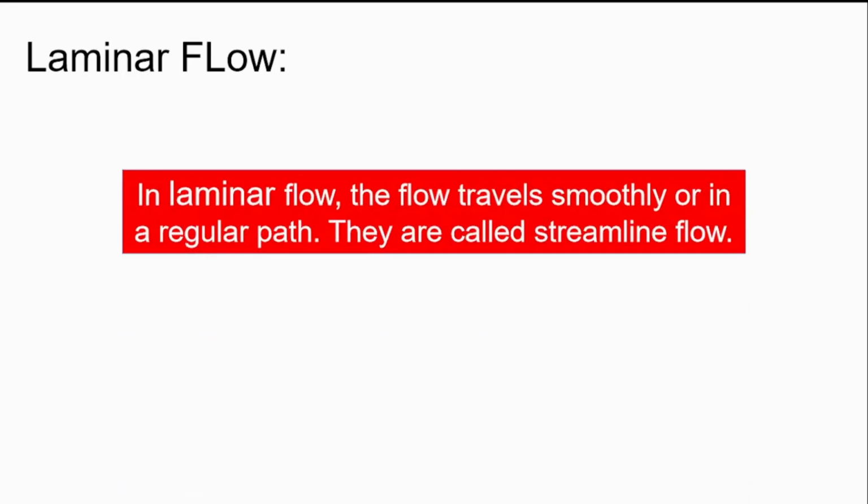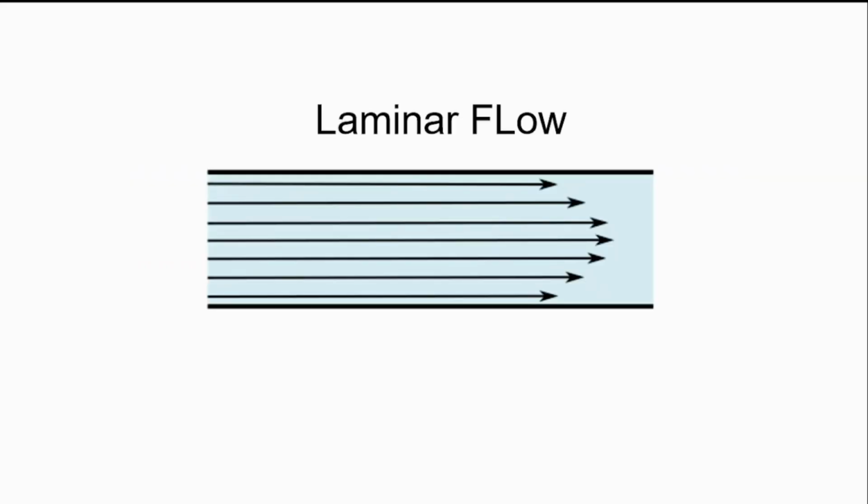Let's look at laminar flow. Laminar flow is a case where the flow travels smoothly or in a regular path. Laminar flow is also called streamlined flow. This diagram shows you a laminar flow. As you can see on this diagram, the flow is smooth, it is orderly, and everything is just nice.